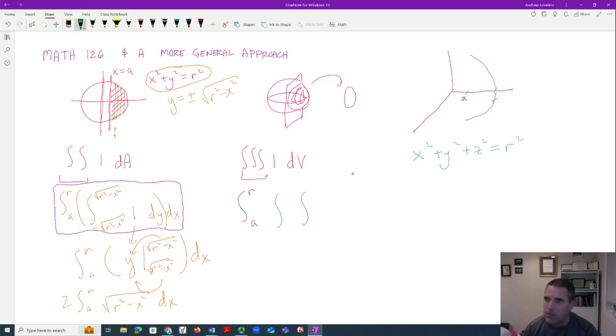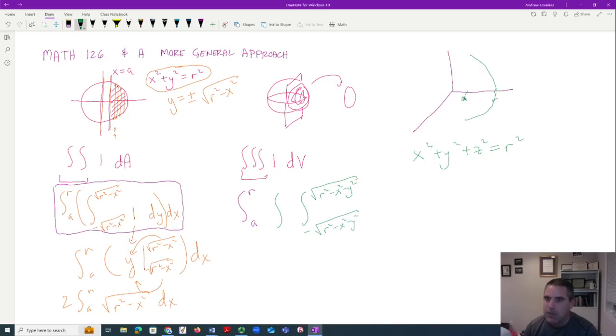It looks exactly like the equation of the circle, and it has to do with distance in the same way, distance on a straight line. If you solve for z, you get the upper and lower hemisphere. And so you get the square root of r squared minus x squared minus y squared. And you get negative the square root of r squared minus x squared minus y squared.